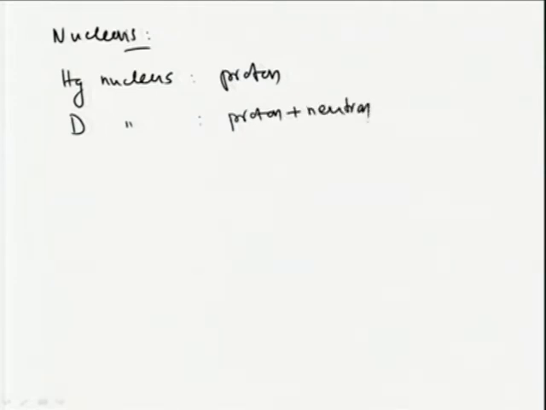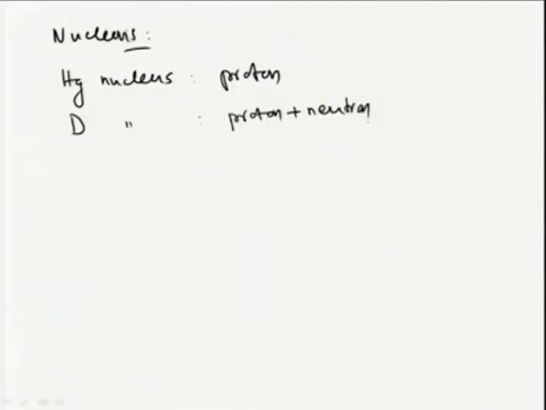Basically if you take a hydrogen nucleus, it is essentially a proton, and if you take deuterium, then it is a proton plus neutron. So, if you want to study the proton, for example, then we can take the hydrogen nucleus and apply the formula that we had in the previous slide.